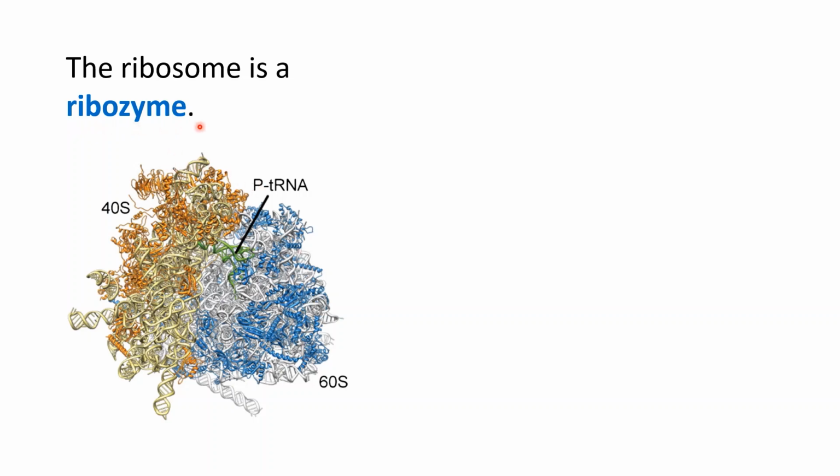So take note, the ribosome is actually made majorly of RNAs, specifically ribosomal RNAs. In our previous topic on nucleic acids, we noted that it's not just proteins that are enzyme-like, but also nucleic acids, particularly RNAs. And here's an example, the RNAs found in ribosomes.